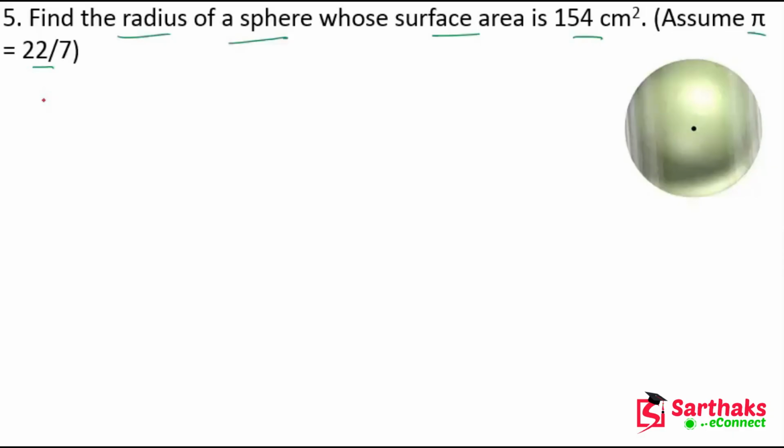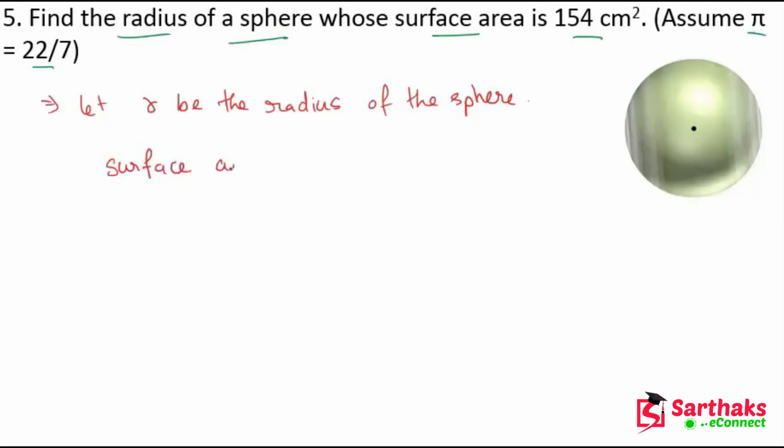Yes. Now let's suppose let r be the radius of the sphere. And we have surface area. Surface area, we know, is 4 pi r square.